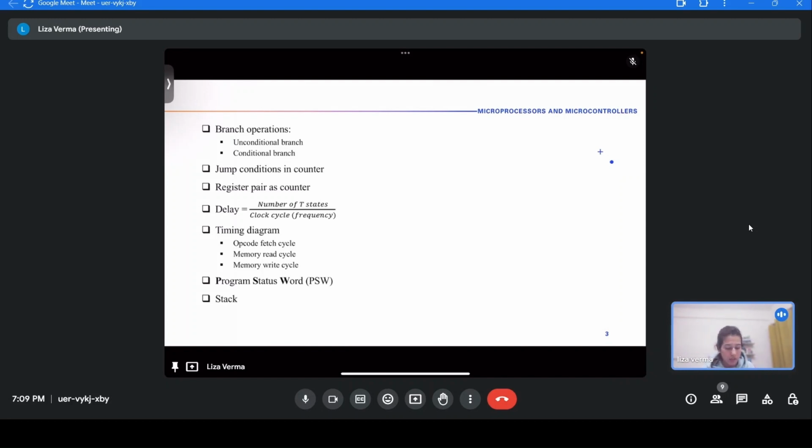In the execution of the counter we need jump conditions, so that once the first iteration is done, it goes back to the starting of the program that has to be repeated in the loop, right? So jump conditions are important there.